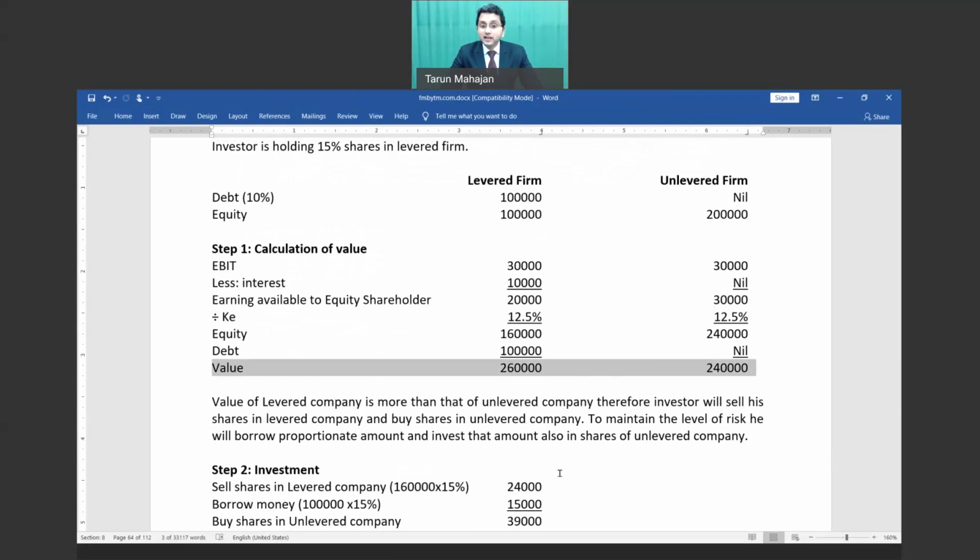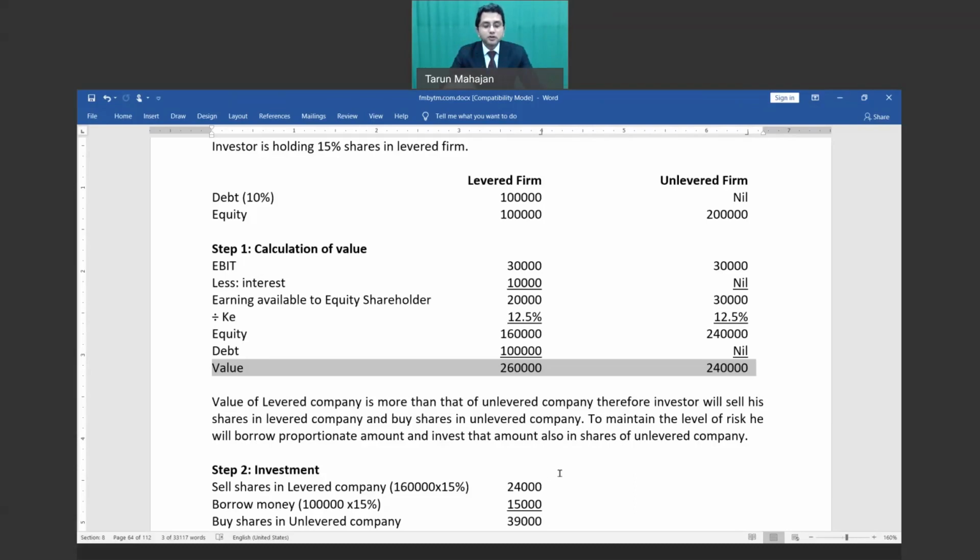So there will be a selling pressure on the levered company and its price will start reducing. And there will be buying pressure on the unlevered company and its price will start increasing. One price is reducing, the other price is increasing, and eventually there will be an equilibrium and the value of both the firms will become the same, hence proved that irrespective of the amount of borrowing, total wealth remains the same.